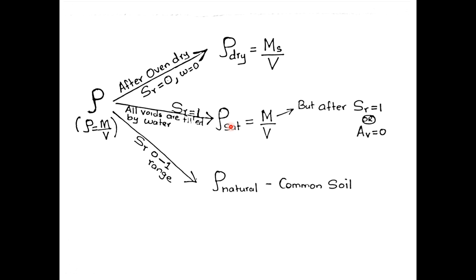Saturated density is equal to M over V, same definition, but this M is after SR is equal to 1, all voids filled by water, or AV is equal to 0. Both are the same. Then rho natural bulk density is the normal case, SR ranging from 0 to 1, or 0 to 100%.